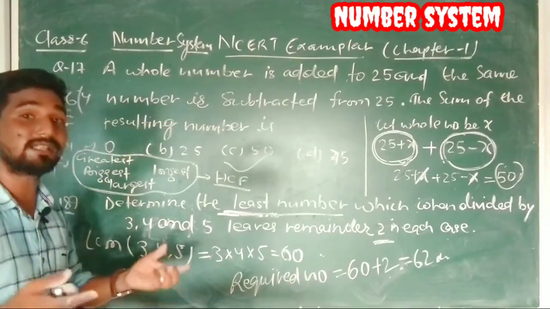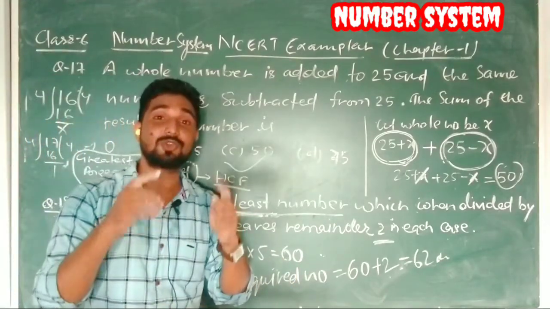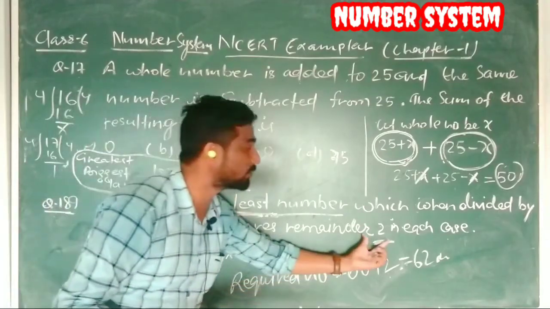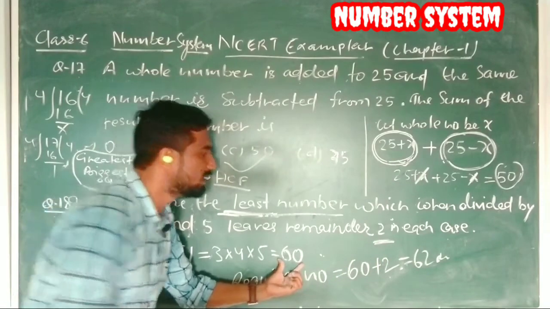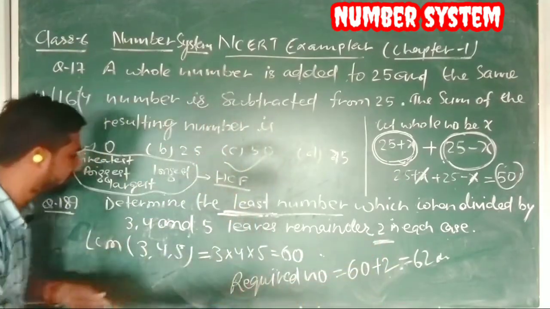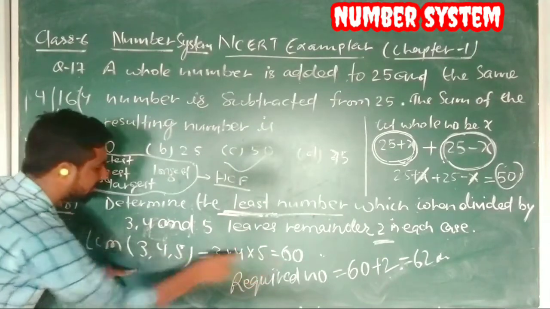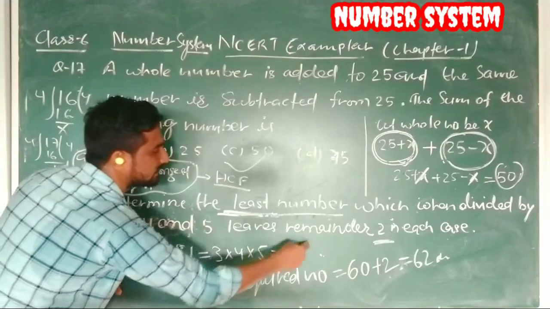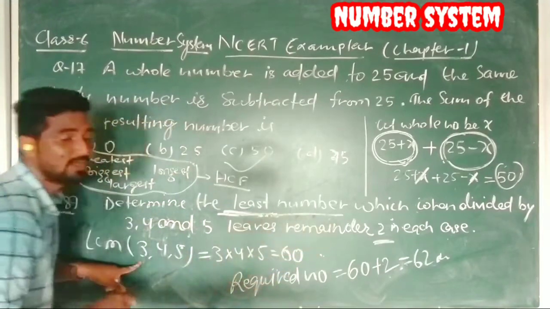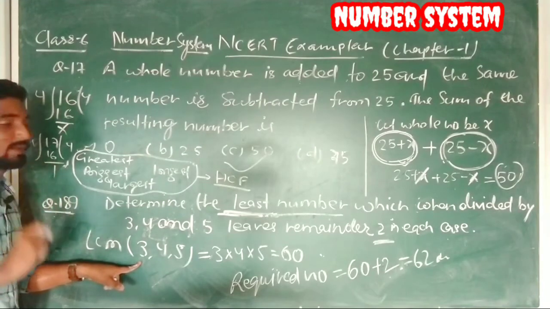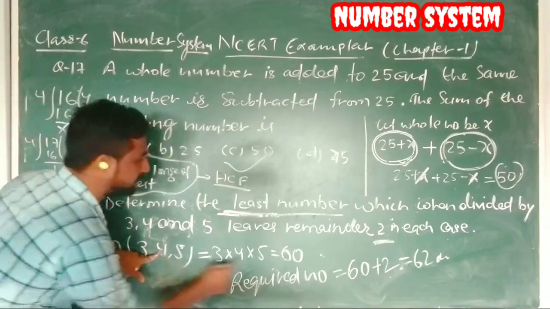But you have to find a number that is not divided exactly, so that in each case a remainder is left. So you add 2 to that number and it becomes 62. 62 will not be divided by 3. You see, 60 was divided by 3, 3 twenties are 60. But if you add the remainder to 60 and it becomes 62, then dividing 62 by 3, 3 twenties are 60, but 2 will come as a remainder. You divide 60 by 4.